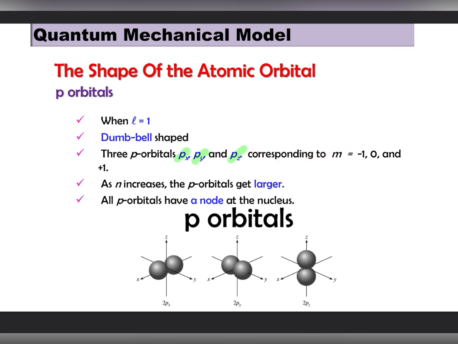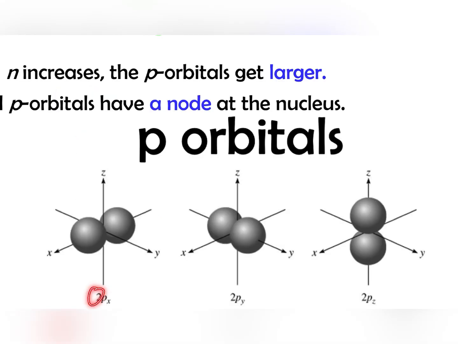So as the value of N increases, the size of P orbital will also get larger. Sama macam konsep S orbital tadi. And for all the P orbital, it will have a node at the nucleus. So numbering dekat bahagian depan ni, 2 indicates the value of N ataupun energy level dia adalah 2.